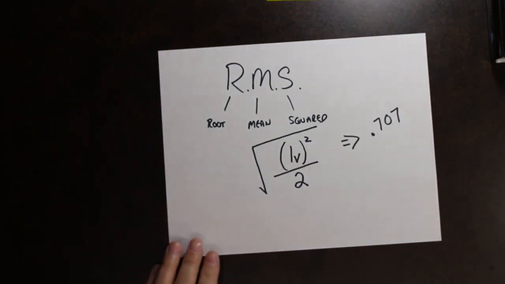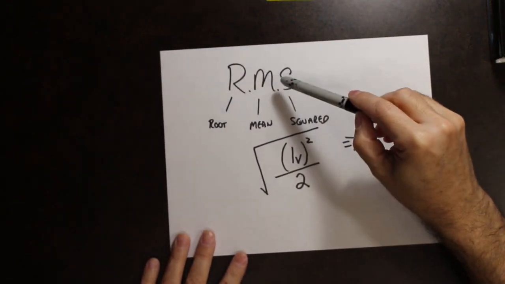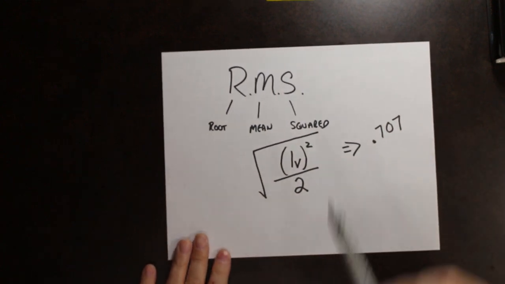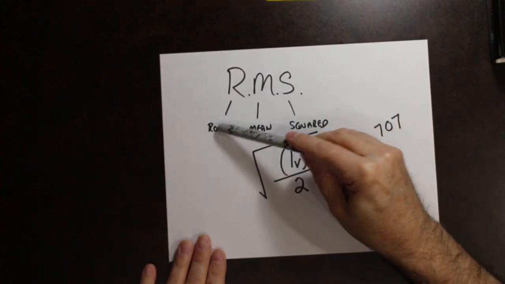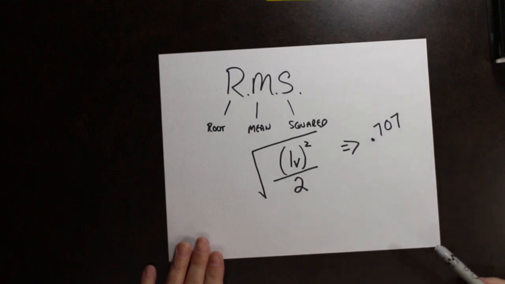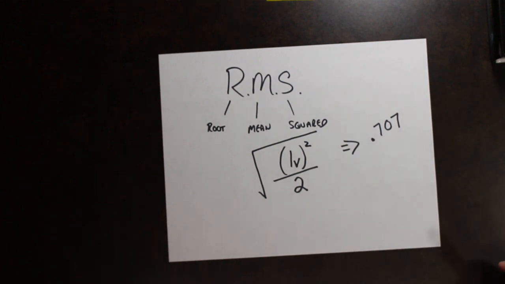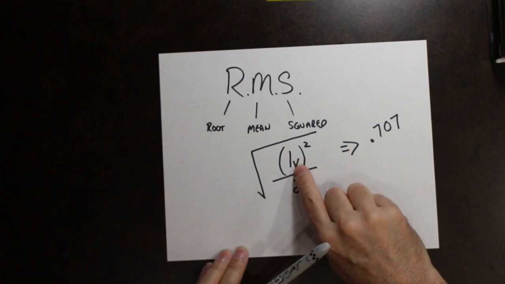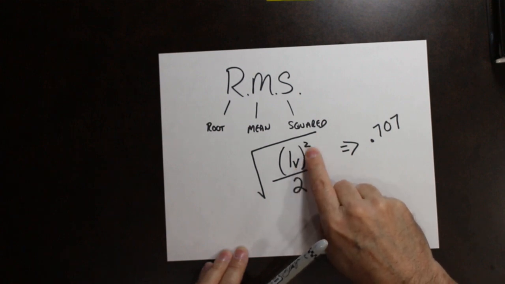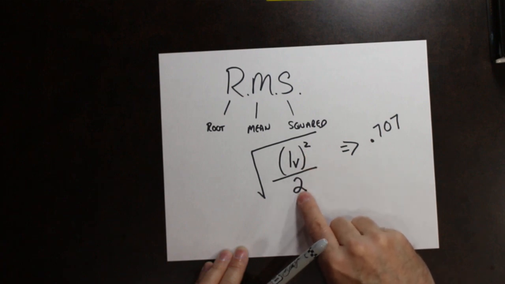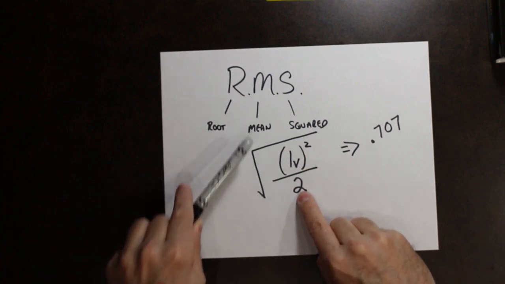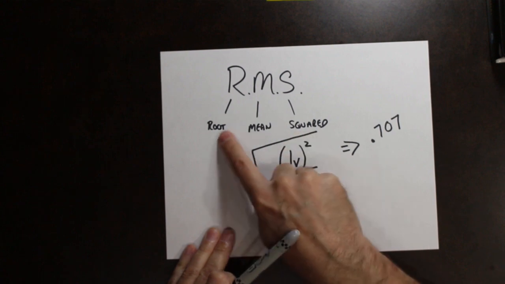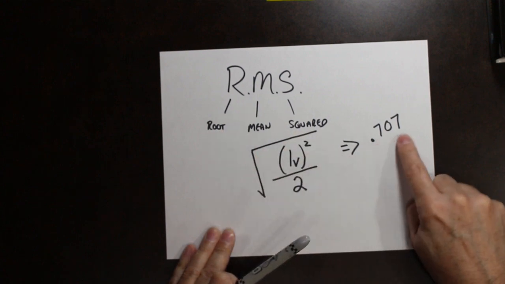Well, what it stands for is root mean squared. It's a formula. So if you take 1 volt of peak value and you square it, take the average or the mean, and then the root, you will actually get 0.707.